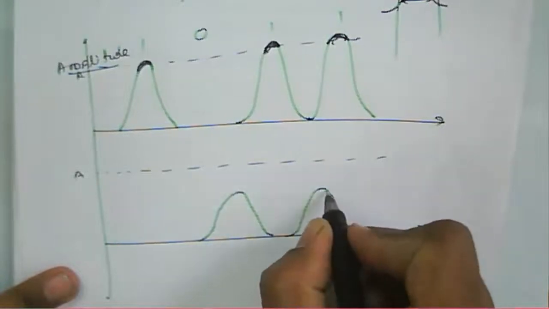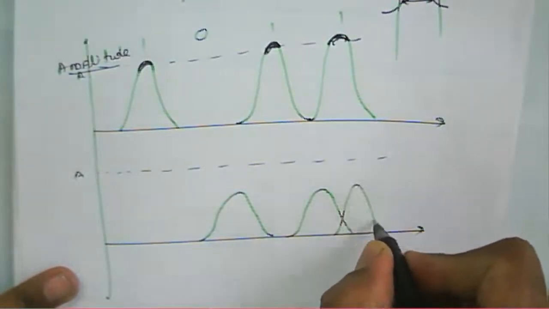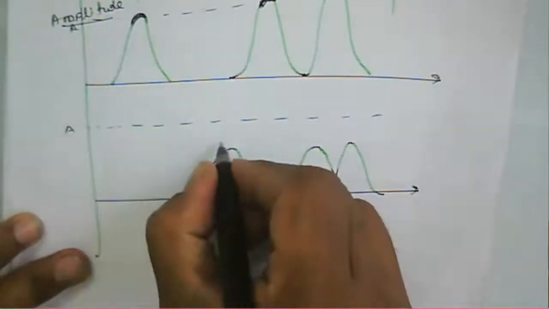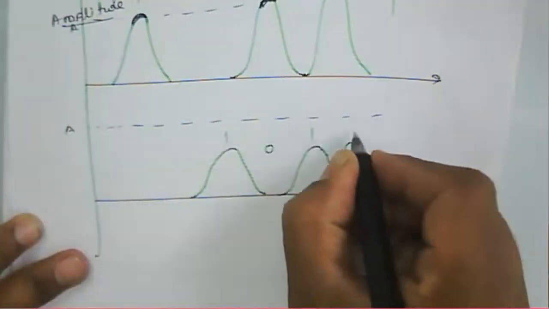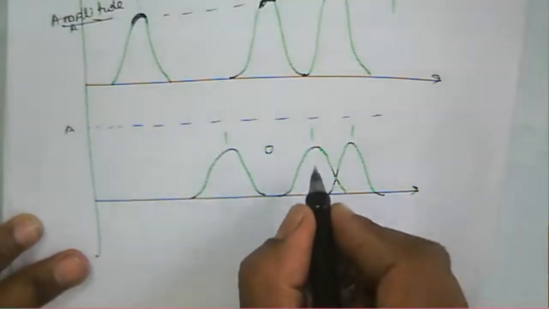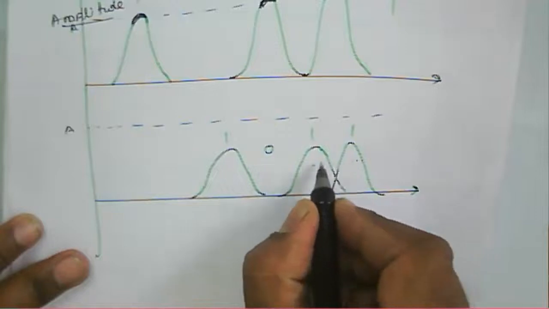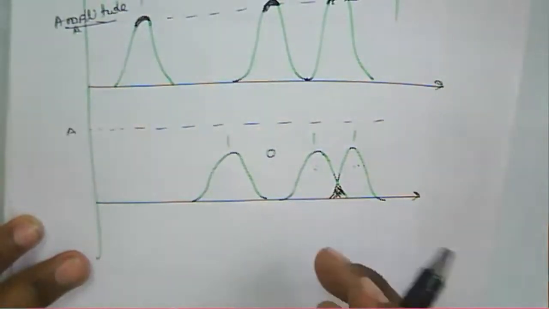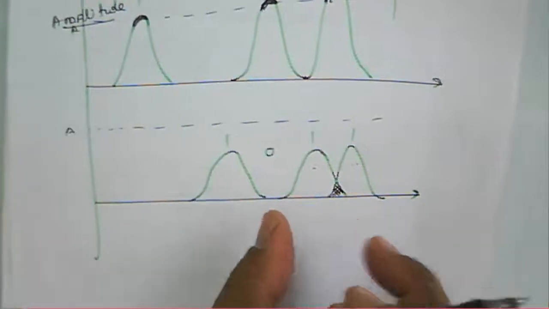Here, if you see, this one is 1, this one is 0, this one is 1 and 1. This 1 and this 1 look like they merge, and that pulse is not distinguishable as a 1 here.